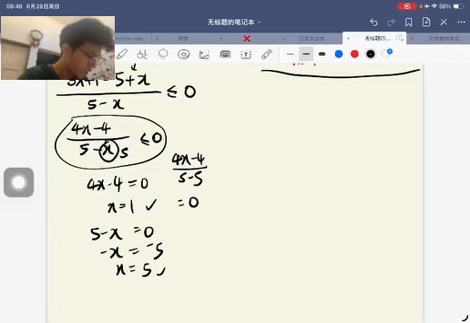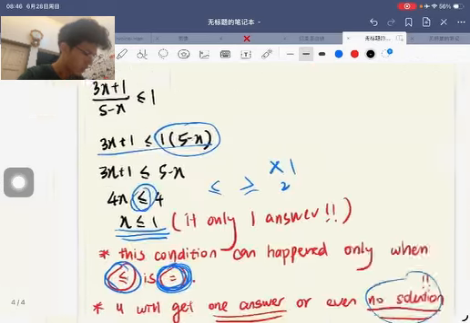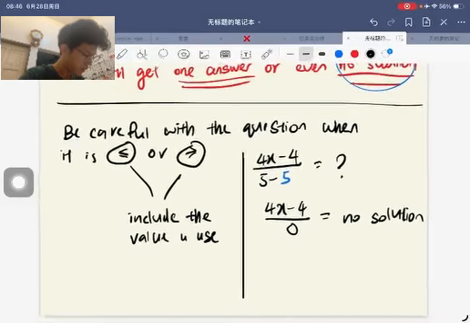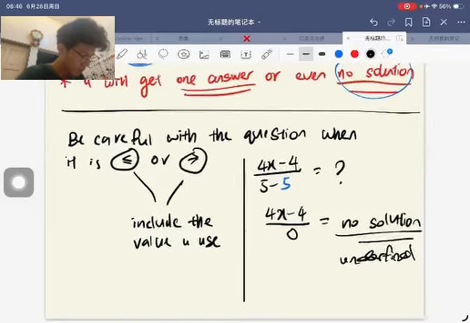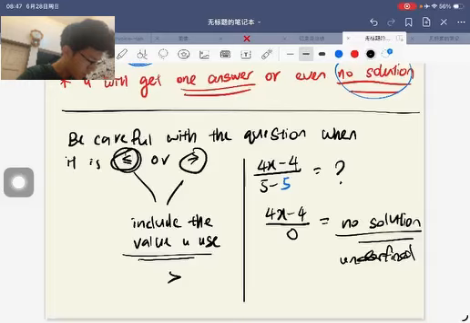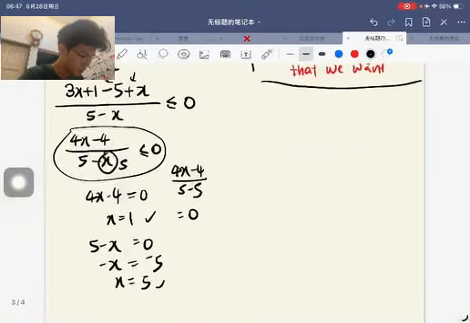The final answer will be no solution or undefined. Because this sign includes the value you use. If the sign is only greater than or less than, then the value is not included. Okay, so we move on.